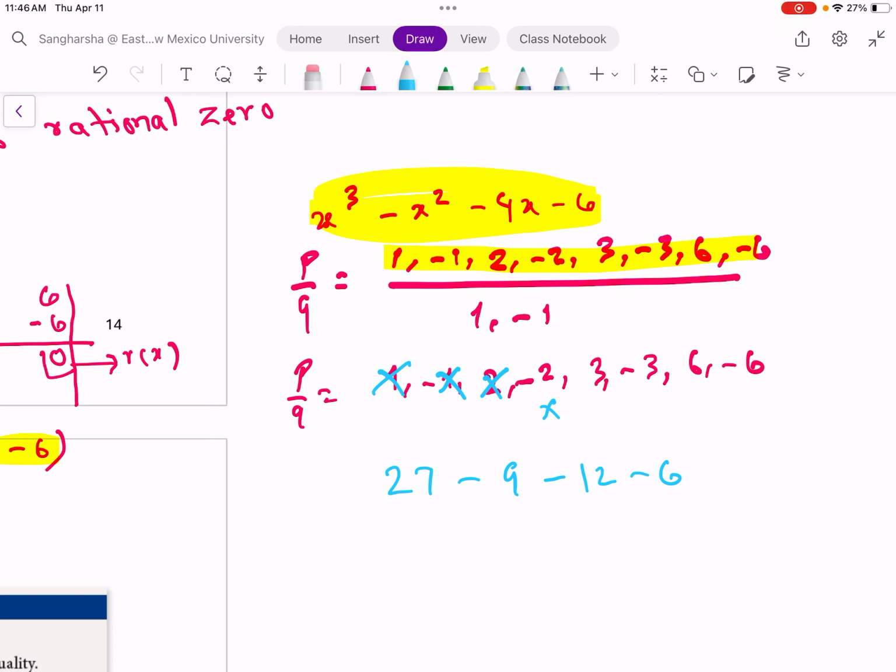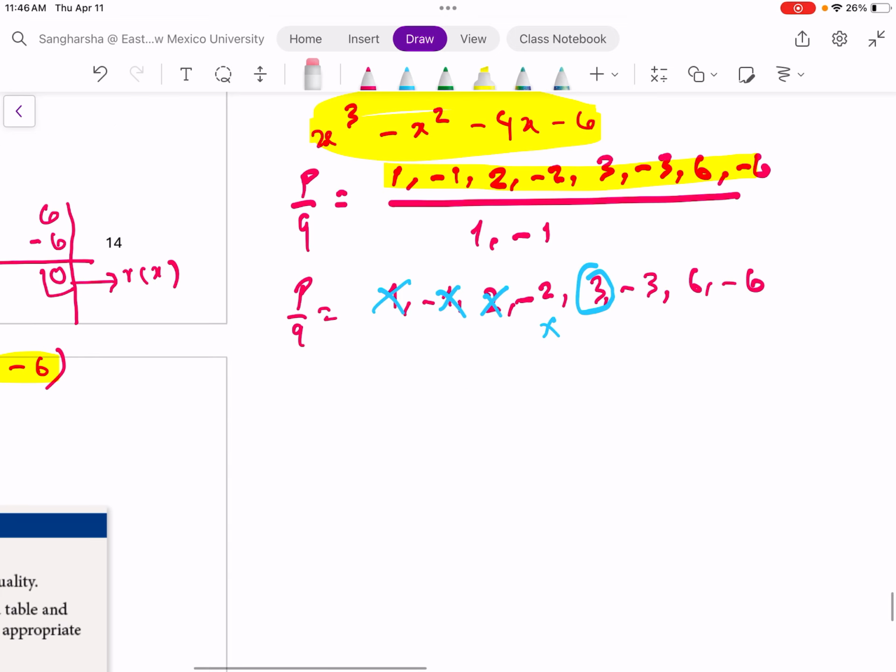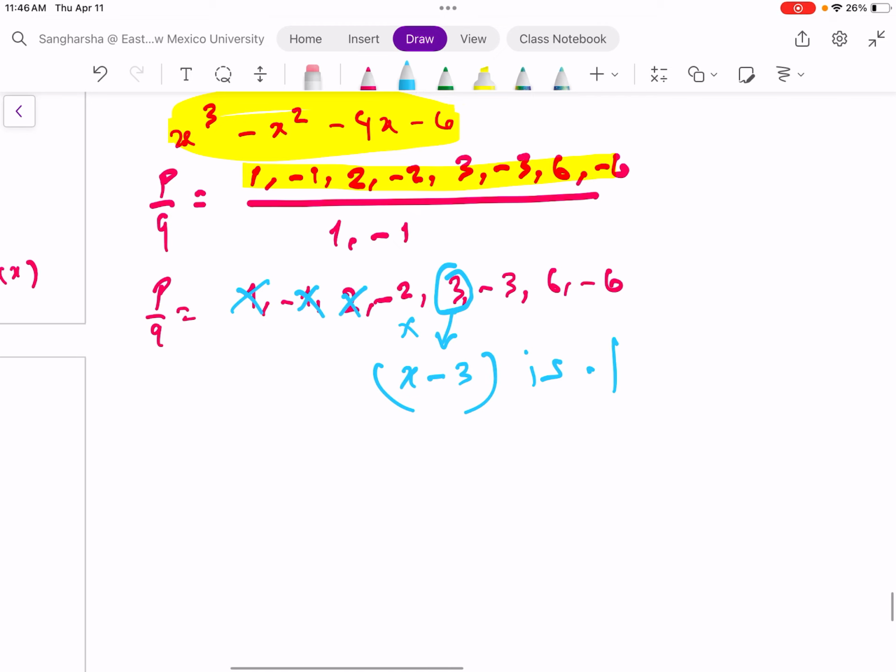Okay, 27 minus 9 is 18, minus 12 is 6, minus 6. Yes, so this is the one that we want. So positive 3 is a real 0. If positive 3 is a real 0, what is the factor corresponding to this real 0? x minus 3 is a factor. Okay, so we have 2 factors.